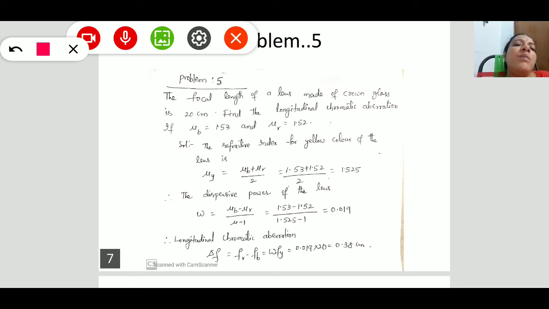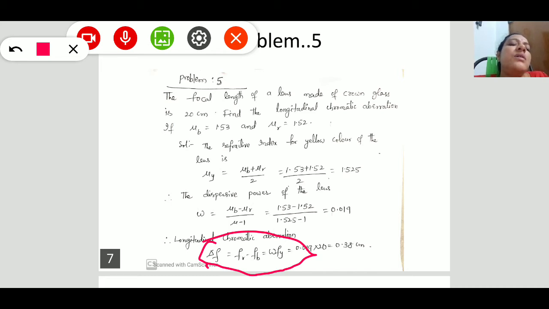He is asking about longitudinal chromatic aberration. Already we have the formula: fr minus fb must be equal to omega fi. To know this chromatic aberration, we need to calculate some quantities.